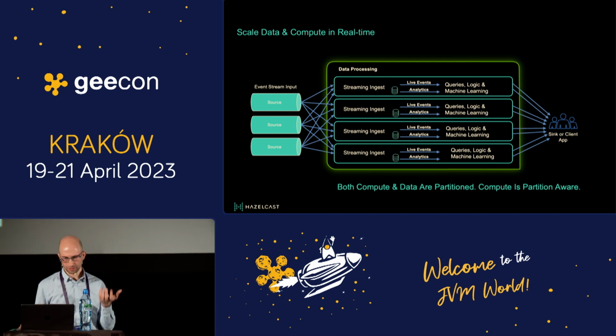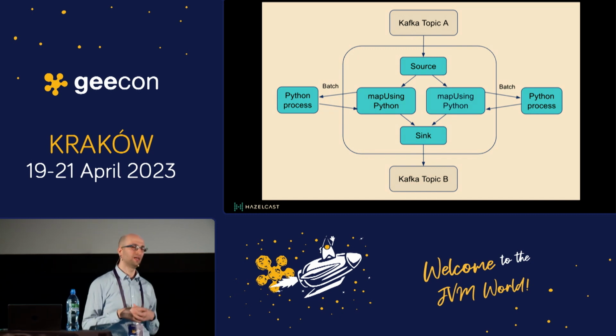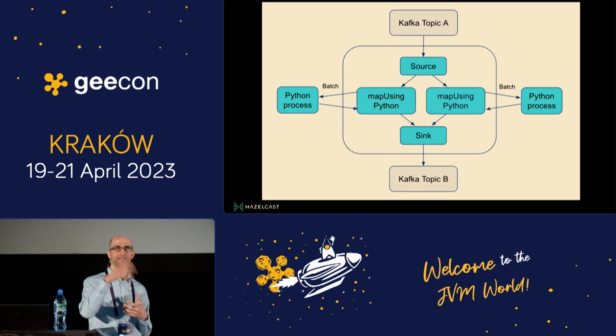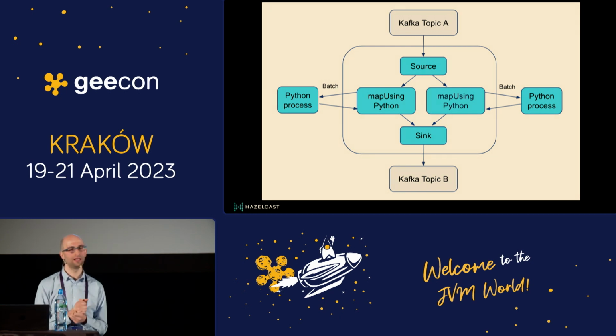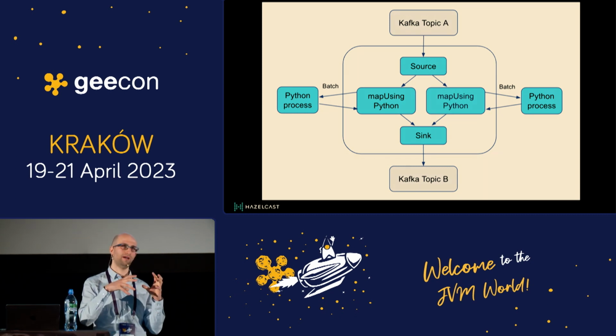Now, when it comes to microservices, this is just an example of how you can achieve it. Obviously, you have your data coming from Kafka topic A, and this is your source; it could be multiple sources, it doesn't matter at this stage. What you want is the option to allow different microservices.